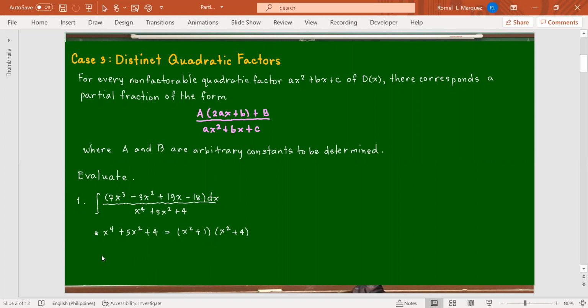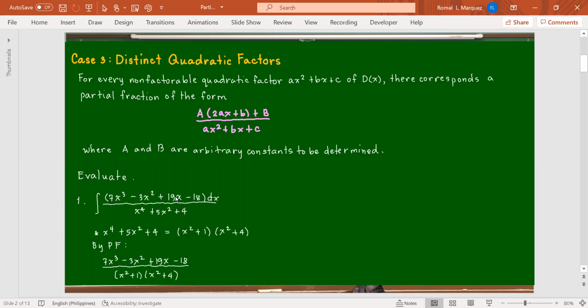So by partial fraction decomposition, we have (7x cubed minus 3x squared plus 19x minus 18) all over (x squared plus 1)(x squared plus 4).